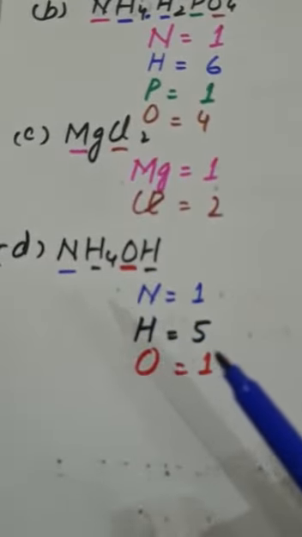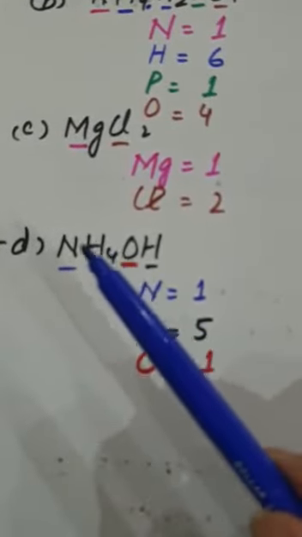Similarly, we have the fourth formula unit, NH4OH. Nitrogen is 1 and hydrogen will be 5. How is it 5? There are 4 hydrogen atoms indicated in this form, and 1 hydrogen is also present at the end of the formula. You add all these hydrogen atoms: 4 plus 1 gives you 5.